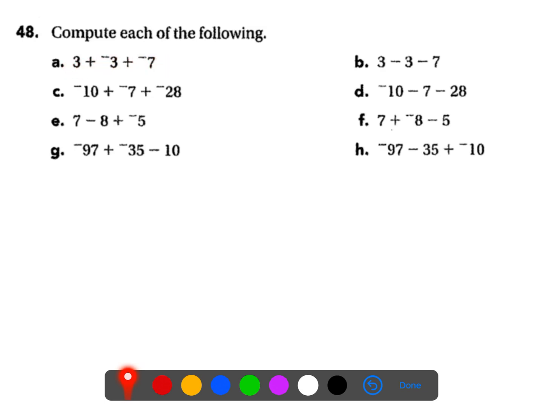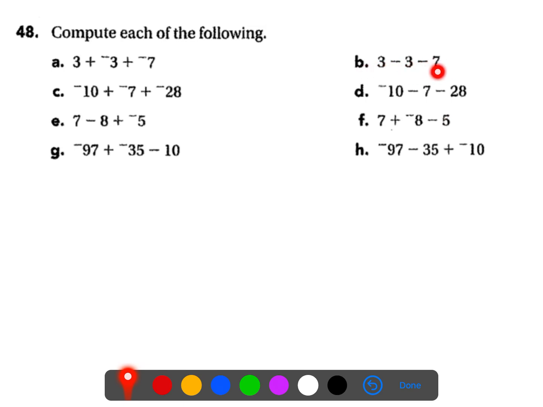So when we have a mixture, like this example here, where we have addition first and then subtraction, the only reason we would do addition first is because we're going from the left to the right. Okay? Now, with subtraction, the order that subtraction happens is important. So we're going, again, left to right.